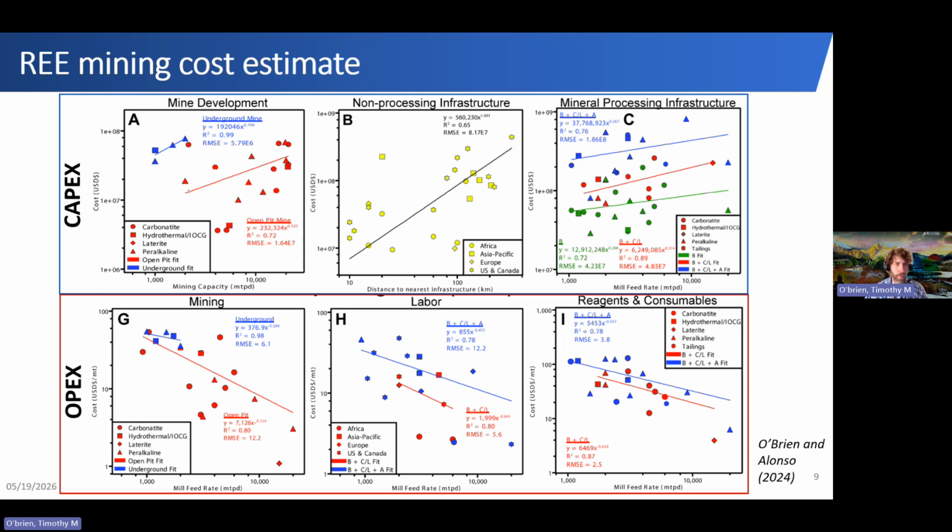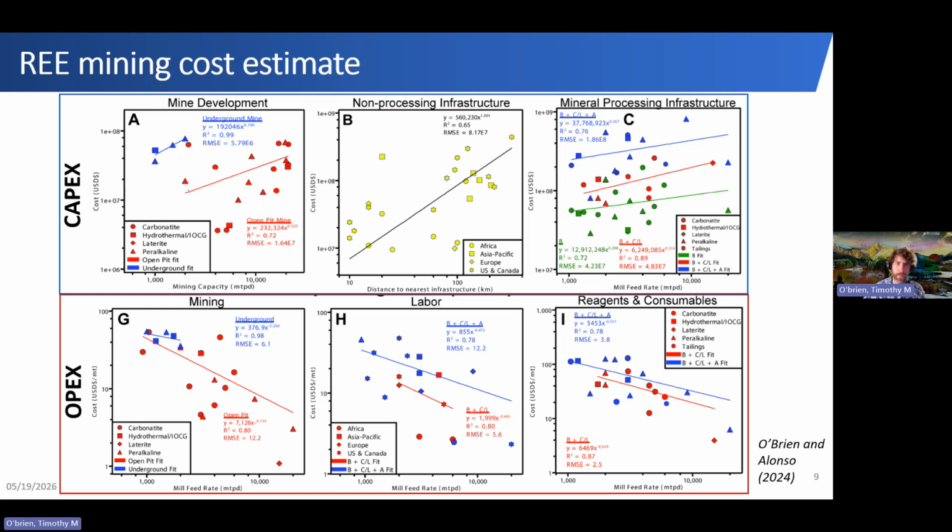Up in the top row, we have the capital costs, or CapEx, and we have three different kinds here: mine development, non-processing infrastructure, which is things such as roads, power lines, and power plants, and then mineral processing infrastructure. And as we see here, as we increase in our mine capacity, as well as the mill feed rate, and therefore the size of our project, capital costs increase.